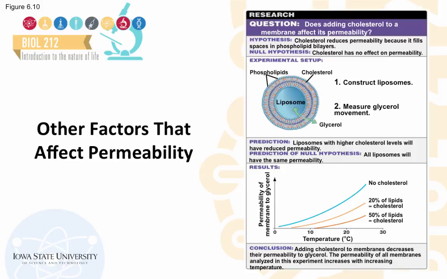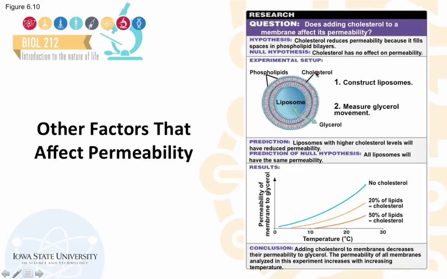To determine the impact of adding cholesterol to membranes, Geer and colleagues performed an experiment in 1968 using liposomes. Their hypothesis was that cholesterol reduces permeability because it fills spaces in phospholipid bilayers. If their hypothesis was inaccurate, that would mean cholesterol has no effect on permeability.